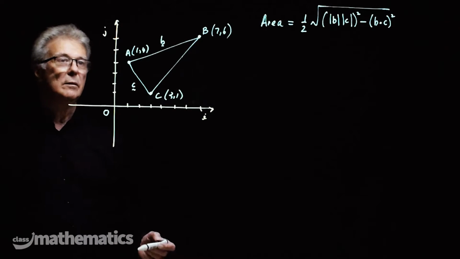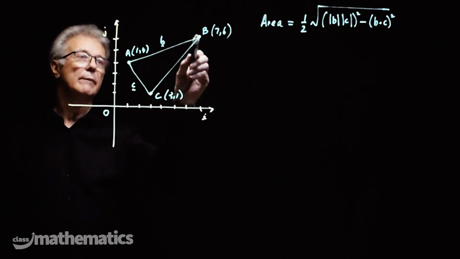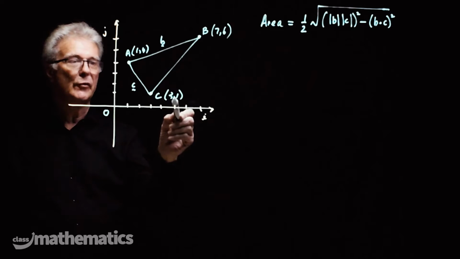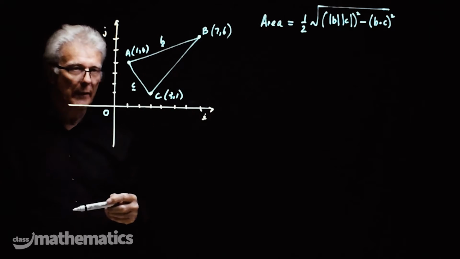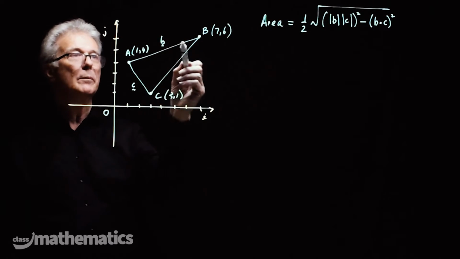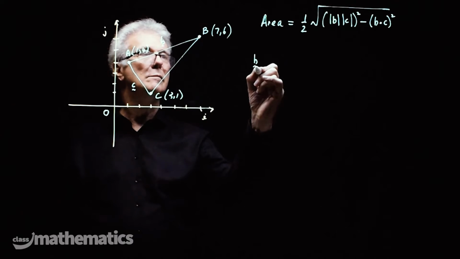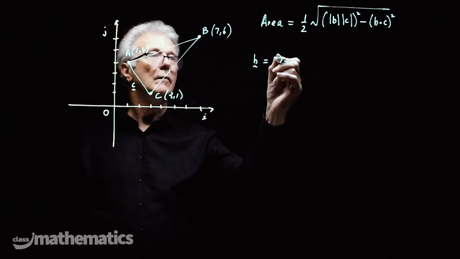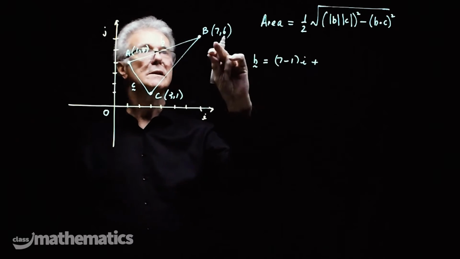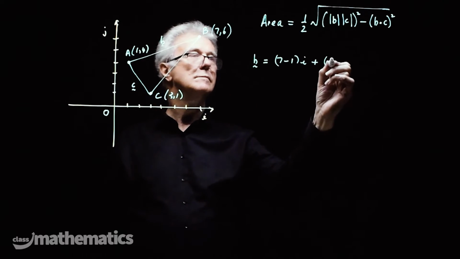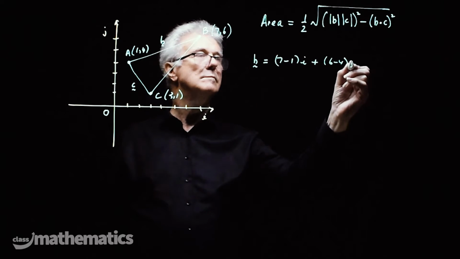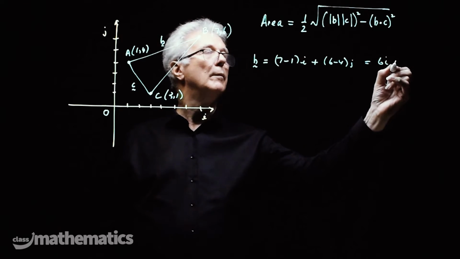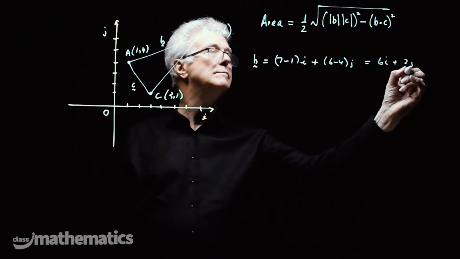Right, here's an example using this triangle here with the various coordinates (1, 4), (7, 6) and (3, 1). We need to find the area of that triangle. First of all, we need to find the vector b. So the vector b is equal to 7 take away 1 i plus 6 take away 4 j, which of course gives me 6i plus 2j.